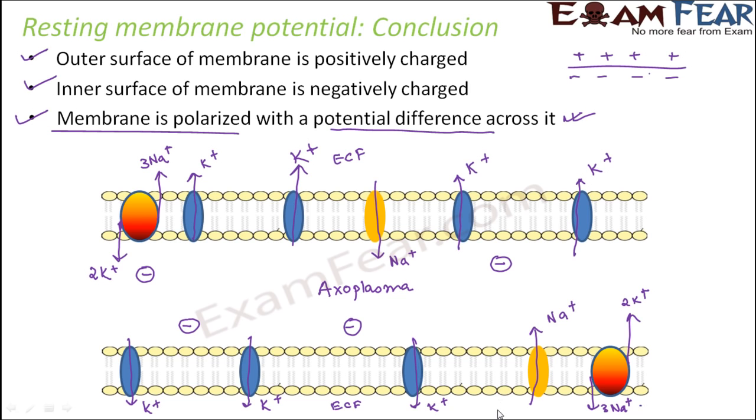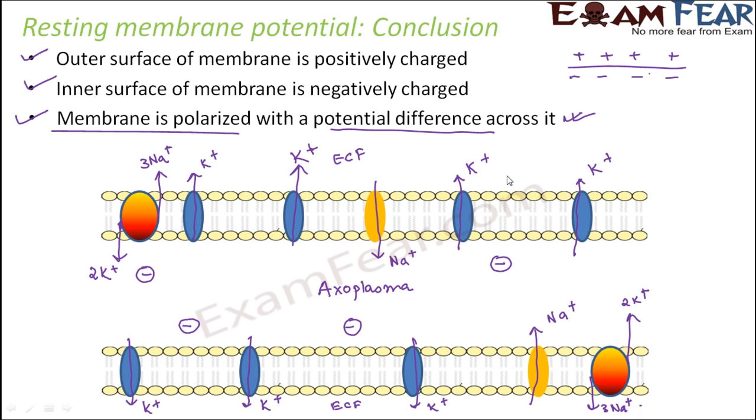So if you compare, now forget about the negative charges for the time being. Even if you consider only the positive charges, only the positively charged sodium ions and potassium ions, you observe that there are less positively charged ions inside when compared to outside. Because by sodium potassium pump, every time there is one extra positive ion going outside. Even for the potassium and sodium channels, there also more positive ions are going outside.